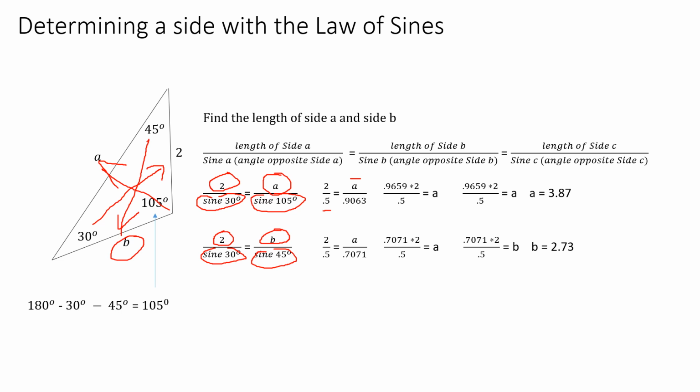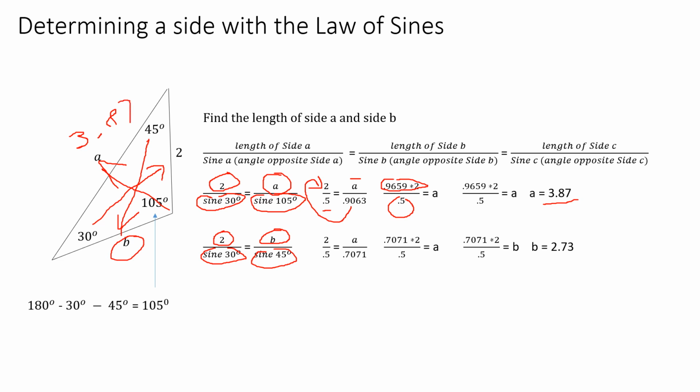If I put in sine of 105 degrees, the result is 0.9659. Now I basically am just going to multiply these proportions: 0.9659 times 2 divided by 0.5 will equal my side A. And that ends up being 3.87. So side A is 3.87.